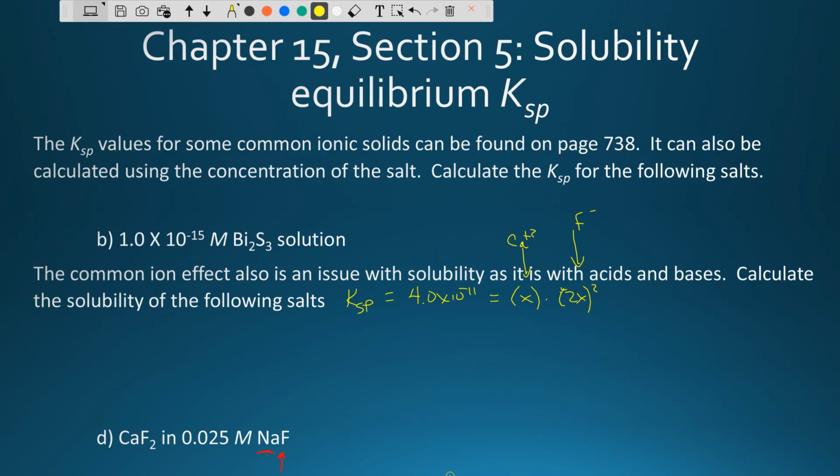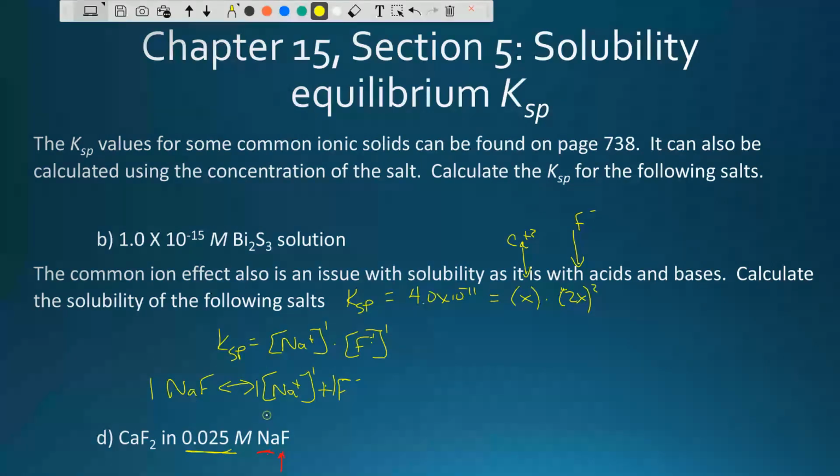Now we're going to be adding in sodium fluoride. Sodium fluoride is going to dissociate into 1 sodium, and it's going to be making 1 fluoride. Okay, so there's 1 and 1. So you see what we're doing with my KSP? I started combining the 2, didn't I? My KSP is going to be sodium ion to the first power times my fluoride to the first power. We also have my value given.